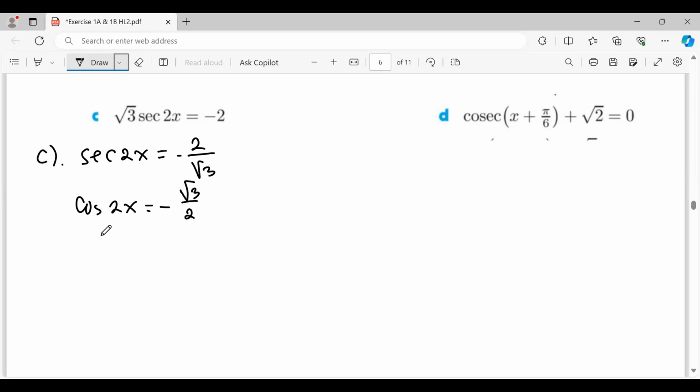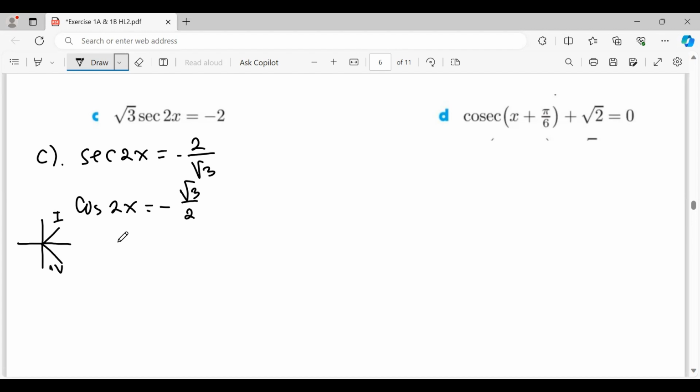It's happening where cosine is positive, here and here, 1 and 4.